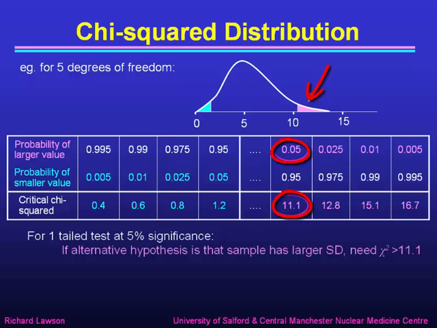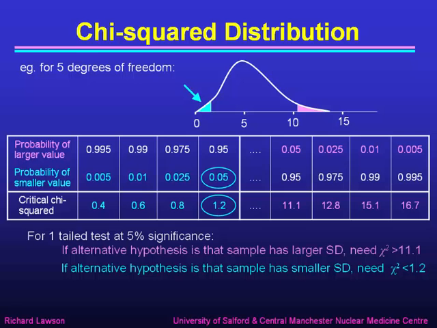So any value above 11.1 is in the right-hand tail of the distribution, which only occurs with a 5% probability. So if our alternative hypothesis is that the sample has a larger standard deviation, then we need chi-squared more than 11.1 in order to satisfy that hypothesis.